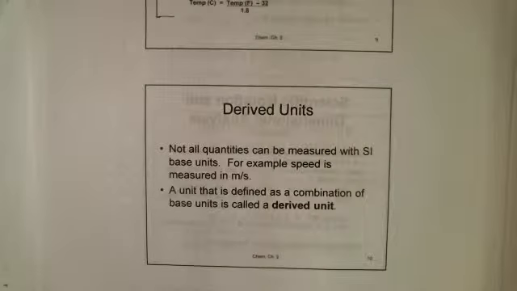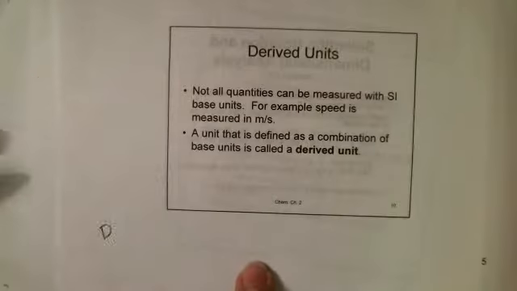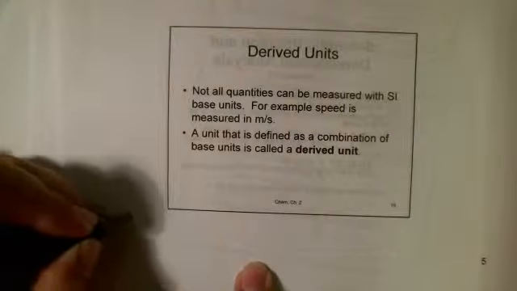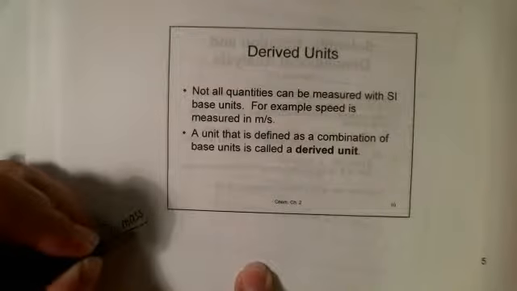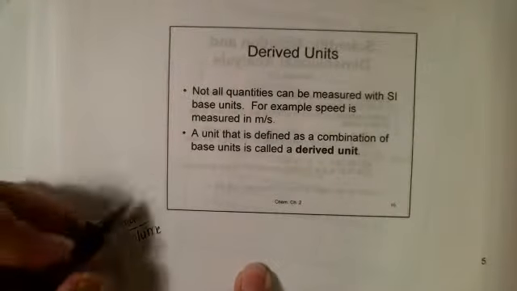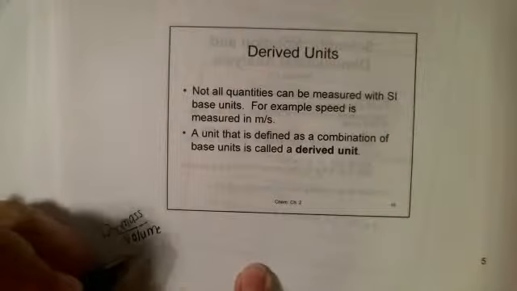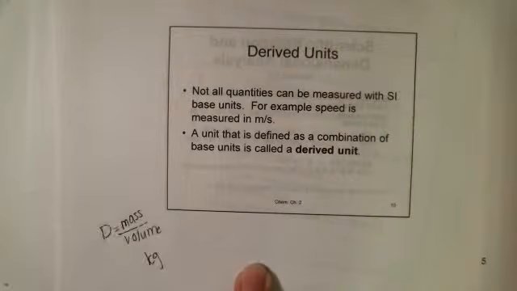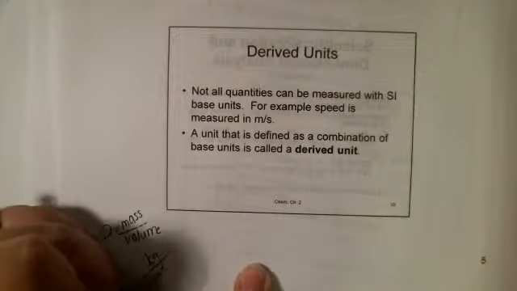The units for density are another example of a derived unit. We learned on Friday with the Gummy Bear Lab that density equals mass over volume. So the units for density would be grams, or kilograms if we're dealing with base units, over cubic meters.